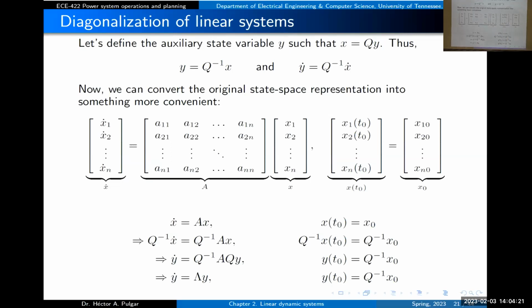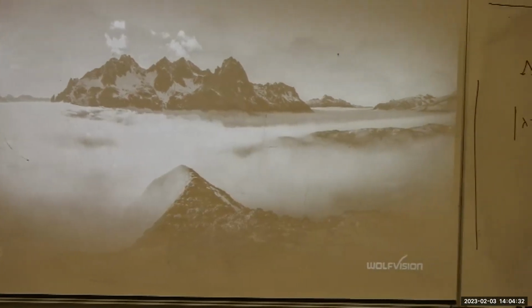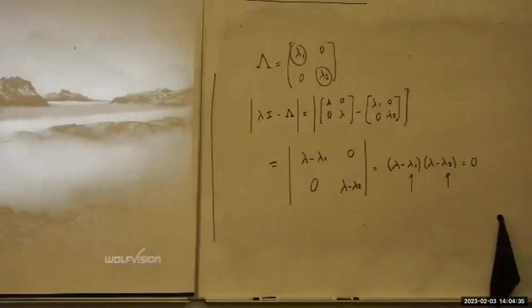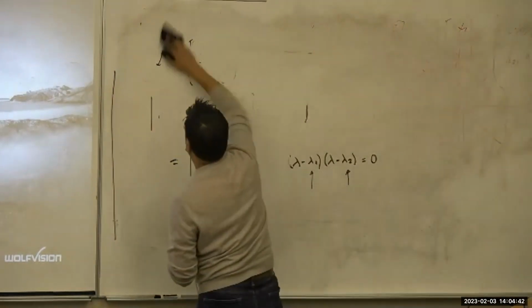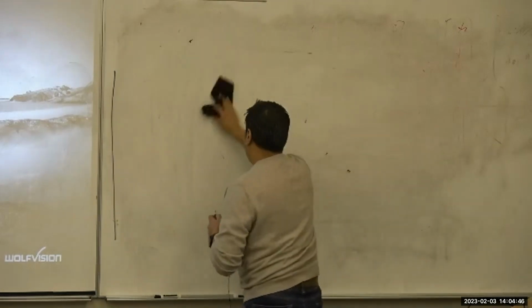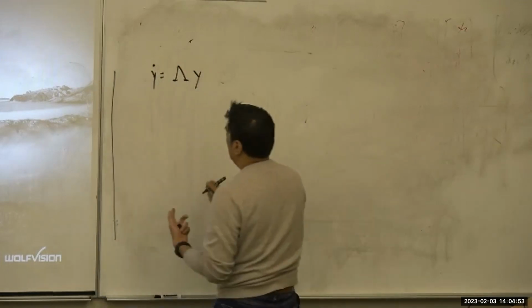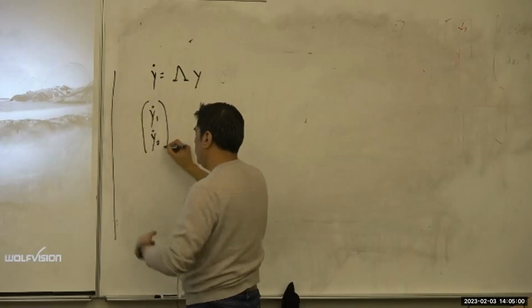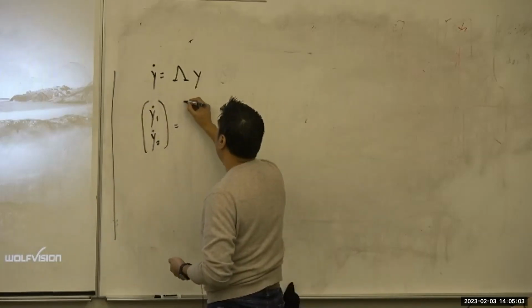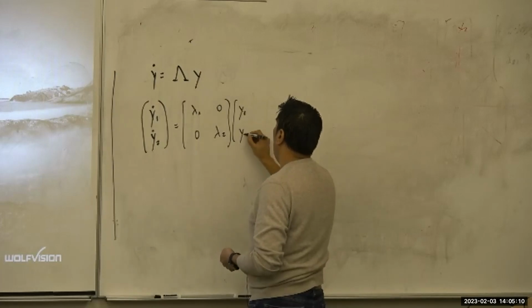Let's go back here again. If lambda is diagonal, take the same system with two variables. You will have y dot equals lambda y, but let's assume we have two variables, so here you have y1 dot, y2 dot. These are the two new state variables we have, and this matrix is diagonal, multiplied by y1, y2.